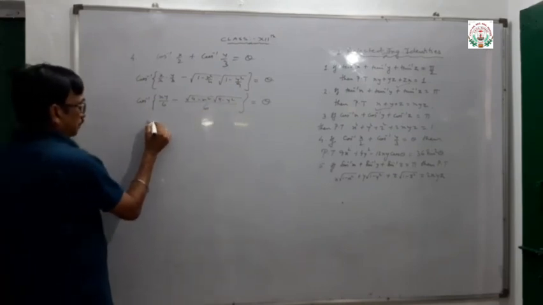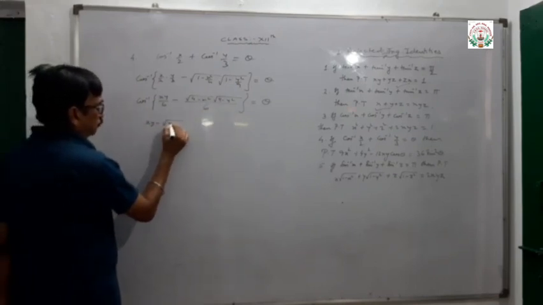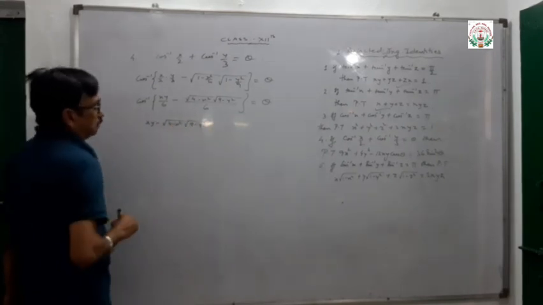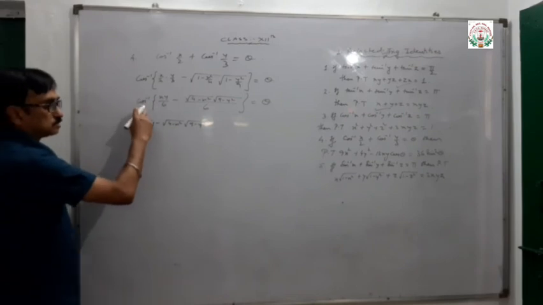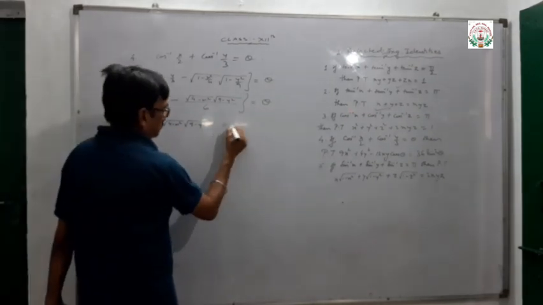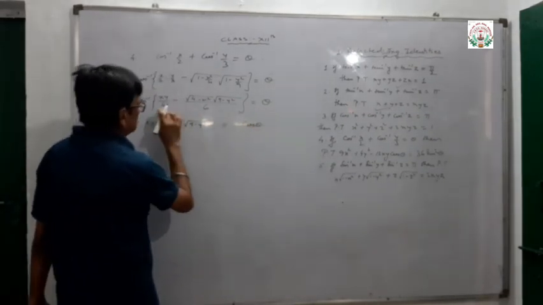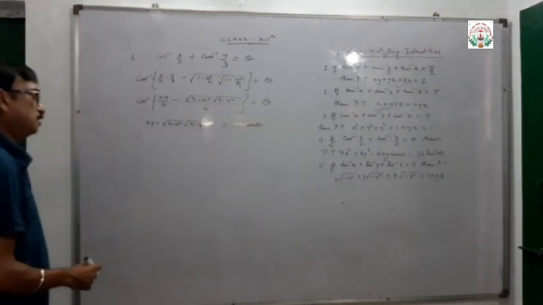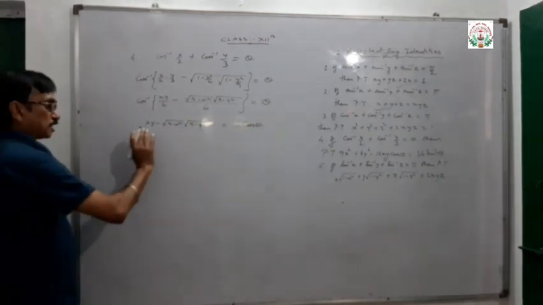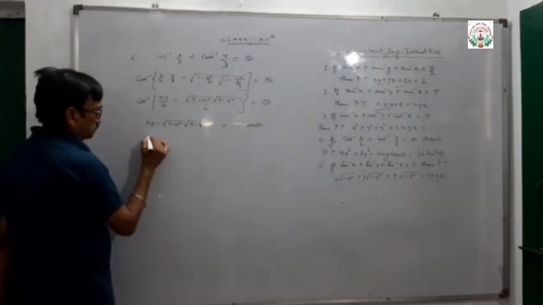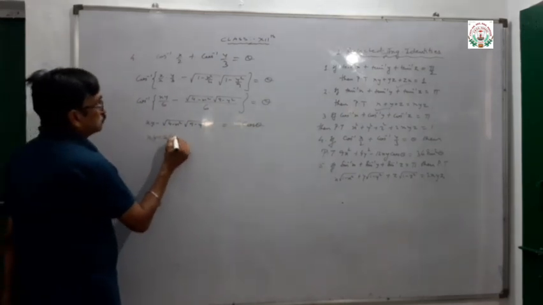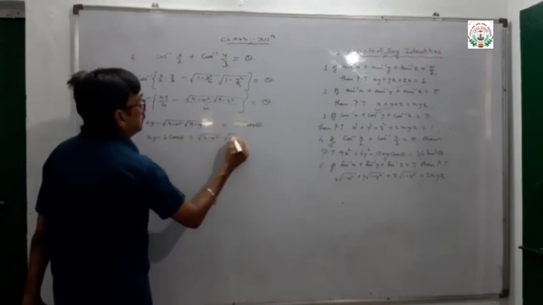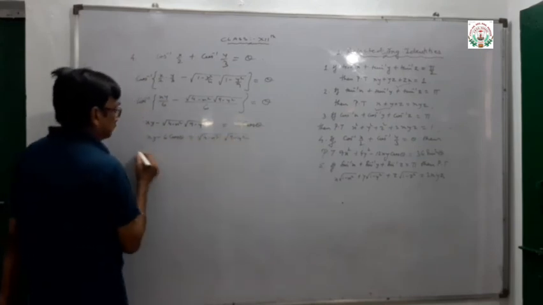Now xy minus under root 4 minus x square under root 9 minus y square, this cos inverse we can take to the other side as cos theta, and this 6 we can cross multiply, 6 cos theta. Now the radical terms we are going to put on one side: xy minus 6 cos theta is equal to under root over 4 minus x square into 9 minus y square.